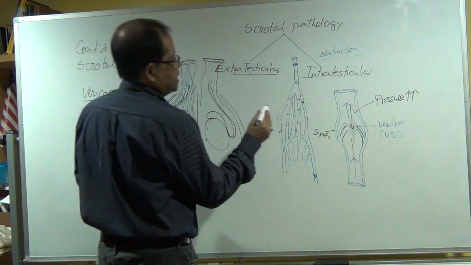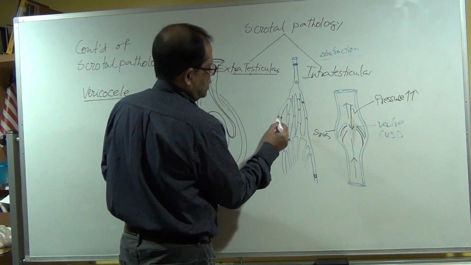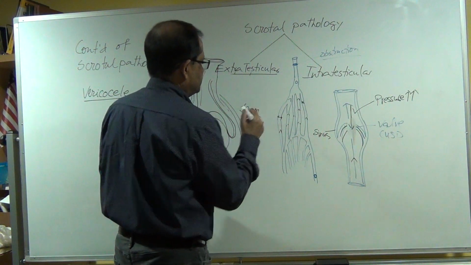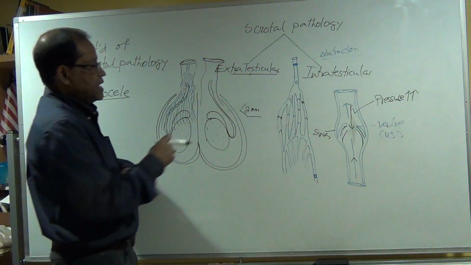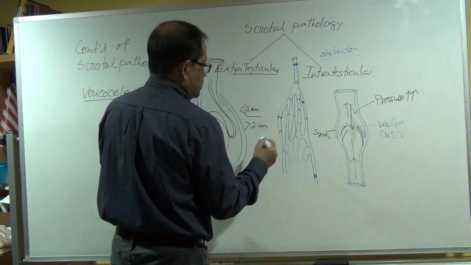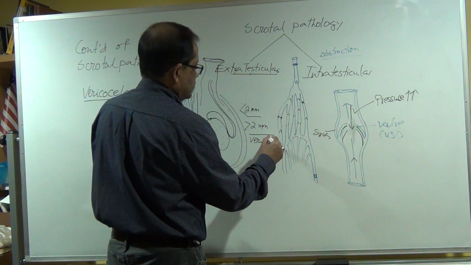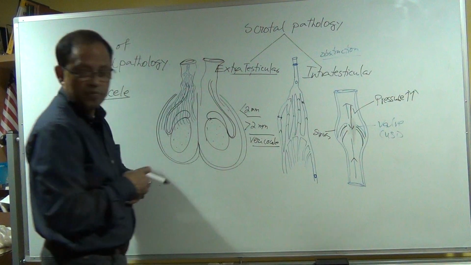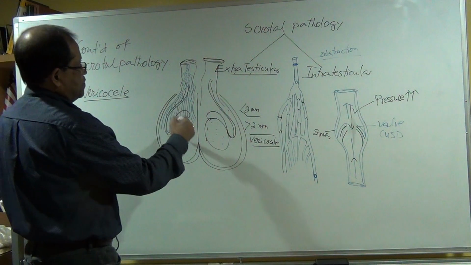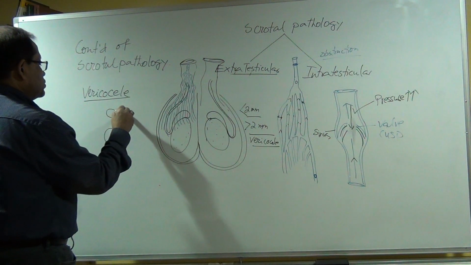So the normal diameter is less than 2 millimeter. But if it is greater than 2 millimeter, some books say 2.2 millimeter, then we call it varicocele. And this varicocele is in the scrotum, and when it is dilated, it becomes tortuous like this.